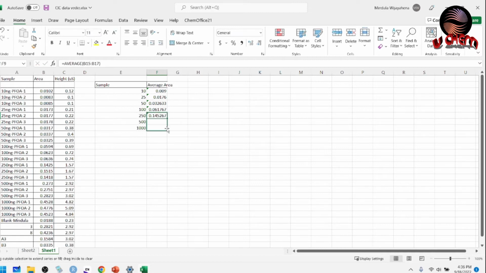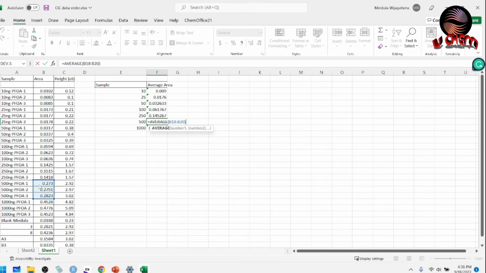Whatever you find easy, go with it. But remember, you should select the correct values, otherwise your calibration curve will look weird.